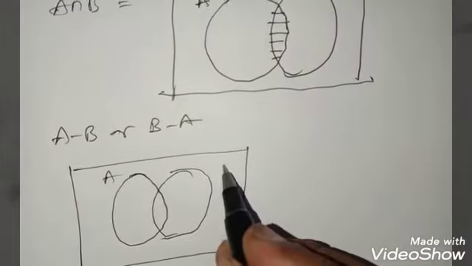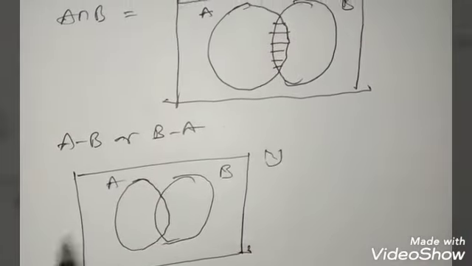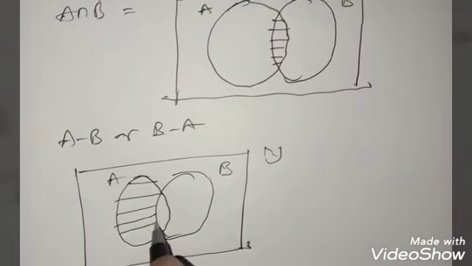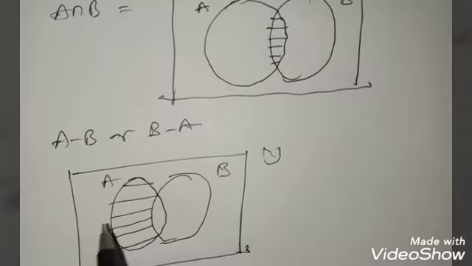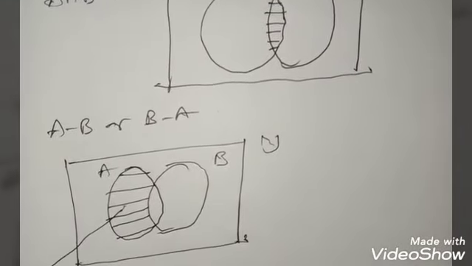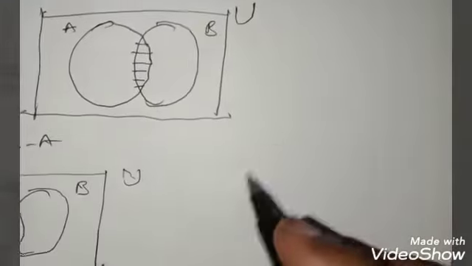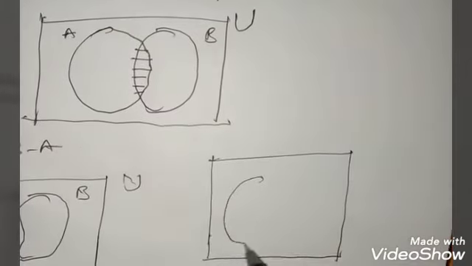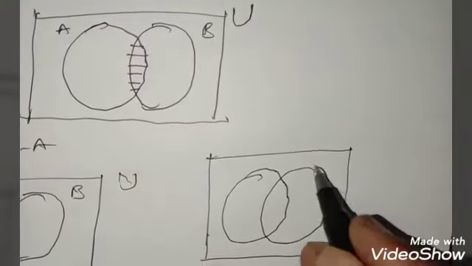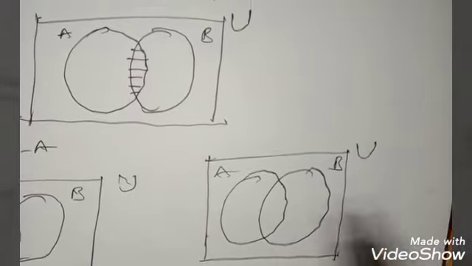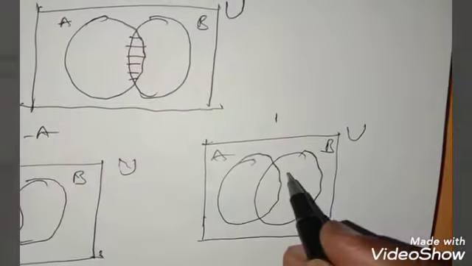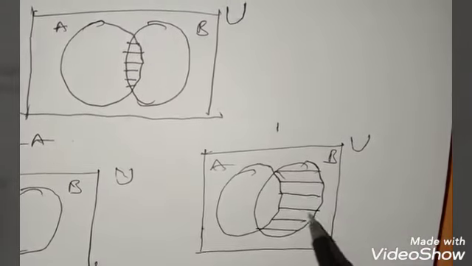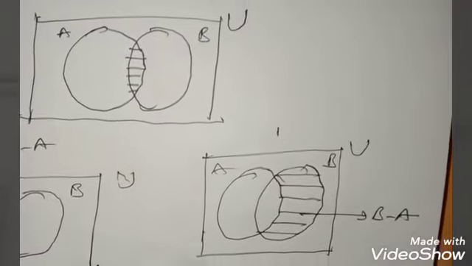If I shade the region of part A excluding part B, this region is nothing but A minus B. Now if I take another diagram, set A and set B, this is the universal set. If I shade the region of the B part, that is B minus A, right?